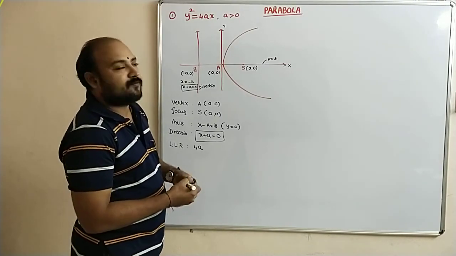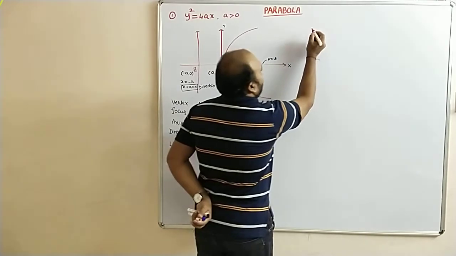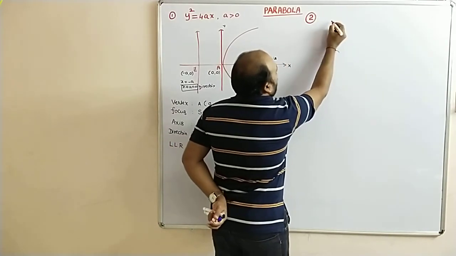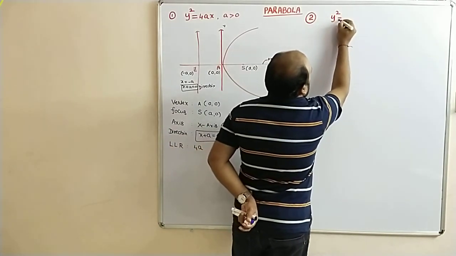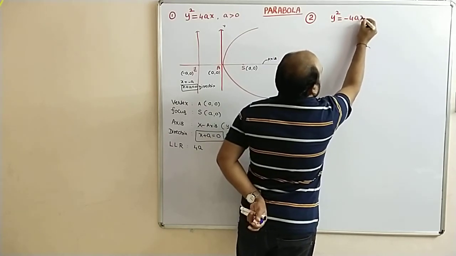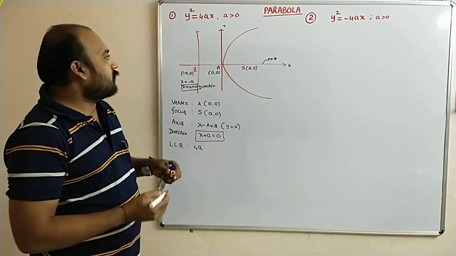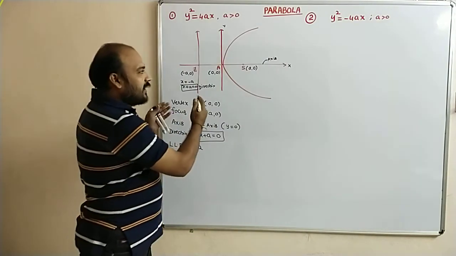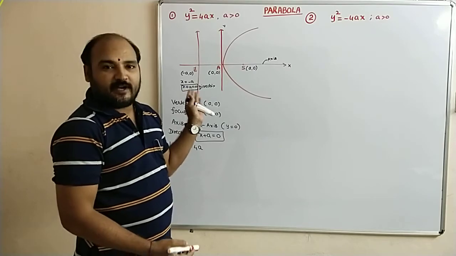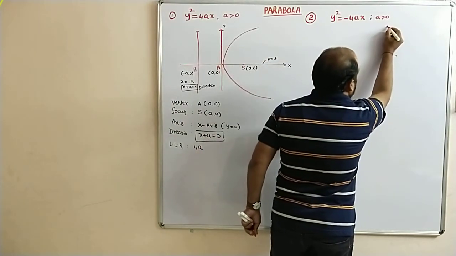Come to the second figure, second type. Y square equal to minus 4ax. That means this is the equation of the parabola. This was the right side, no? You can assume it as the left side. The figure will become like this.